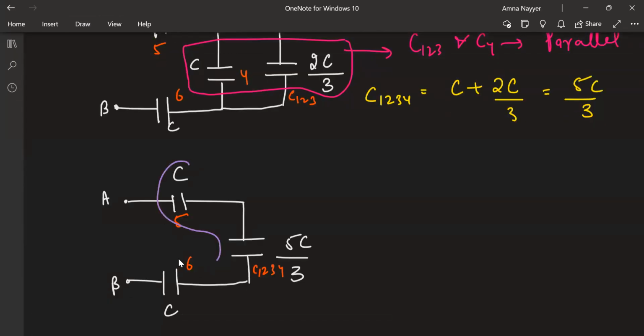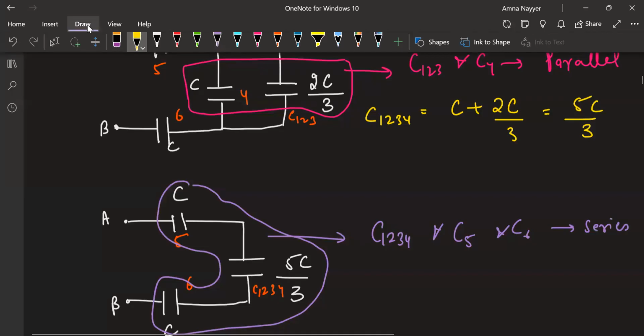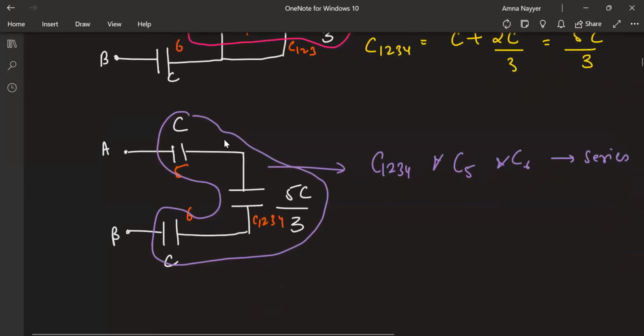Can you tell me how all these are connected? Series. All of these are connected in series. So C1234, C5 and C6 are connected in series. So we need to reciprocally add all of them. Finally, this is 1 by C equivalent, because we don't have to reduce it further. This is the equivalent capacitor.